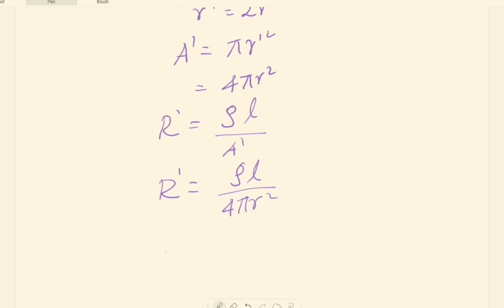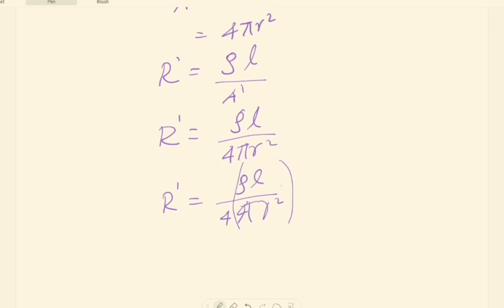So R prime is rho L divided by 4 pi r squared. From this relation, we know that rho L over pi r squared is the resistance of the first conductor, R. Now R prime becomes R over 4.